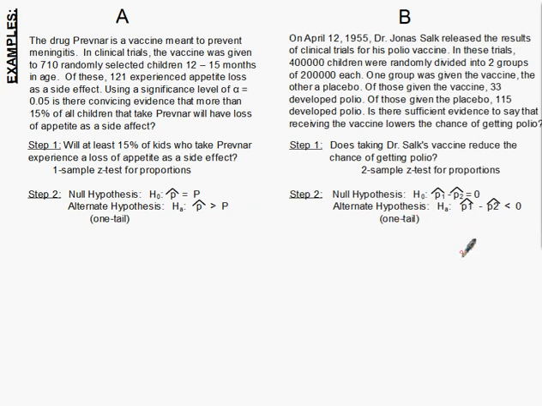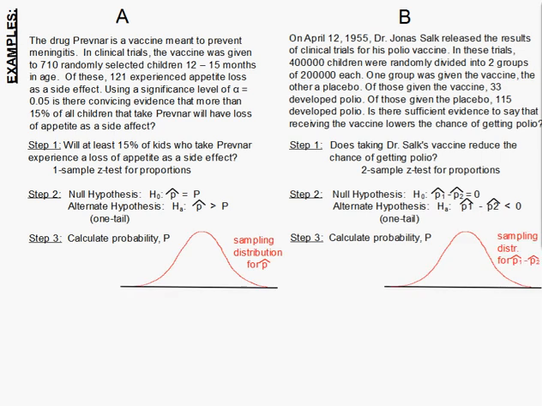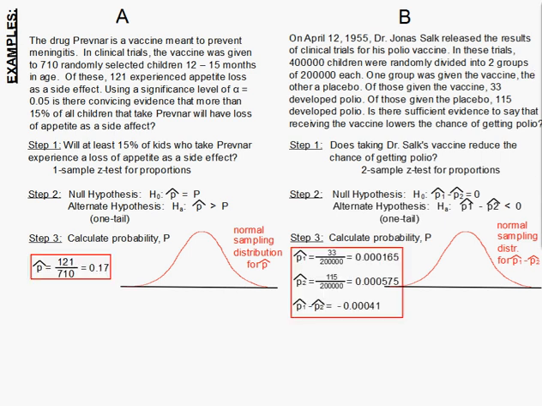So now we get to move on to step 3, which is to calculate the probability of these samples actually happening, which is going to require, of course, our sampling distributions, which we know because we have already verified in step 1 that they are normal distributions. We have our sample proportions.